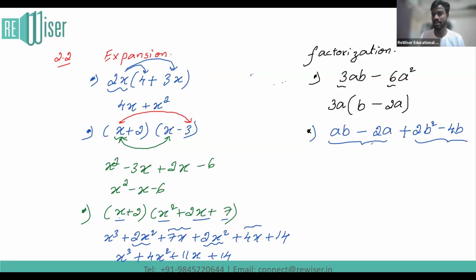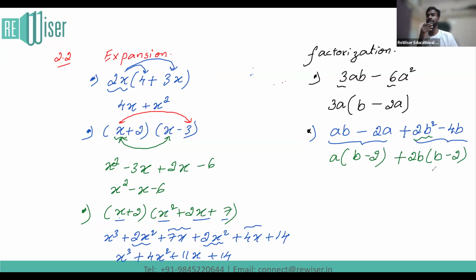So among ab and 2a, a is something that I can take out common. If I take out a common, I'll be left with b minus 2. Then plus, among this 2b squared minus 4b, 2 can be taken out common and b can also be taken out common. If I take out 2b as common, in the first term I'll be left only with b, and here I'll be left with minus 2.